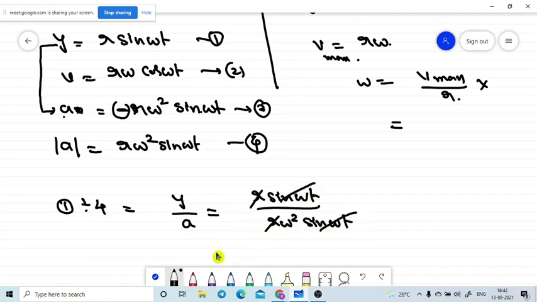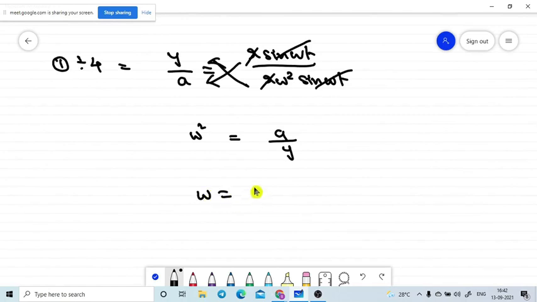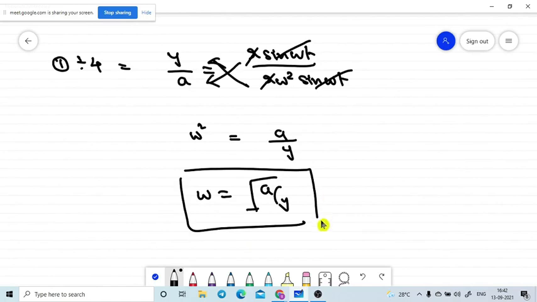Then I take omega square to one side and cross multiply, so omega square is equal to a by y. Then omega is equal to square root of a by y. So this is the relation of the angular velocity in terms of the acceleration and displacement. With the help of this we can easily find it. This is also an important formula.